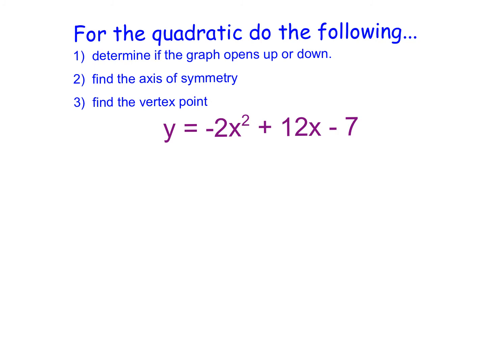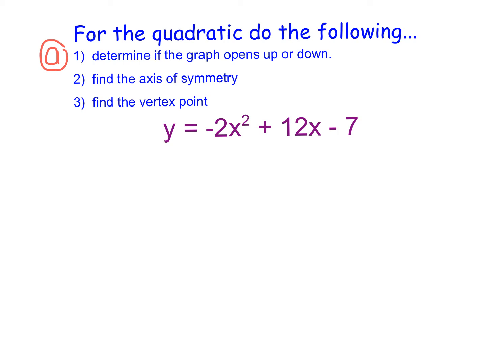So now that we've got axis of symmetry mastered, we're going to move forward and start using our equation to calculate the axis of symmetry, the vertex point, and to make a prediction about whether our graph opens up or down. First thing we need to do is determine if our graph opens up or down. And this is all indicated by our a value here.